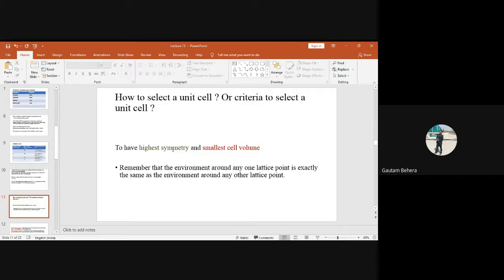Then you have to choose that one, right? But if you get both, that is also fine: highest symmetry with smallest cell volume. But if you only choose the smallest cell volume and it has the lowest symmetry, then you will face a problem. That is wrong actually. And remember that the environment around any lattice point is exactly the same as the environment around any other lattice point. You have to keep that in mind.